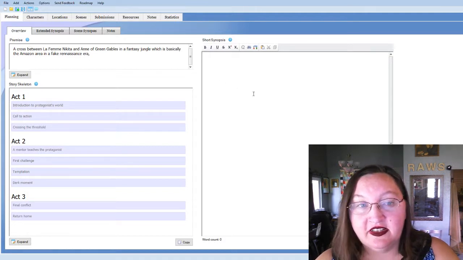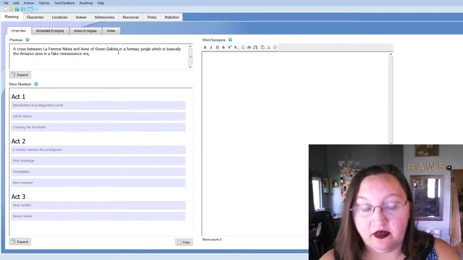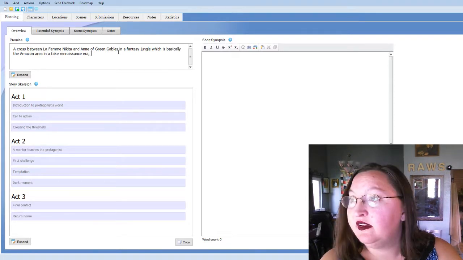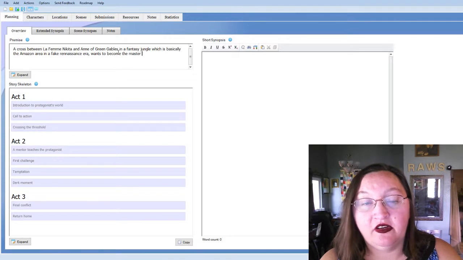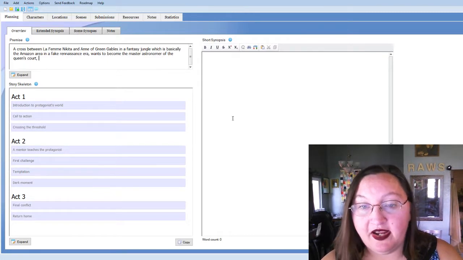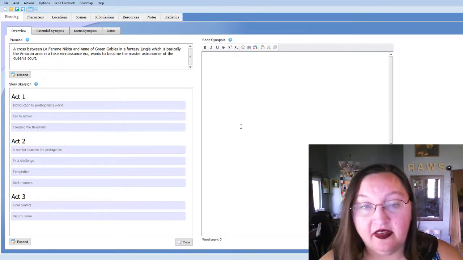And the objective. Wants to become the master astronomer of the Queen's court. All right? And then there's an opponent, the conflict. Imprint the word conflict on your brain, they say.